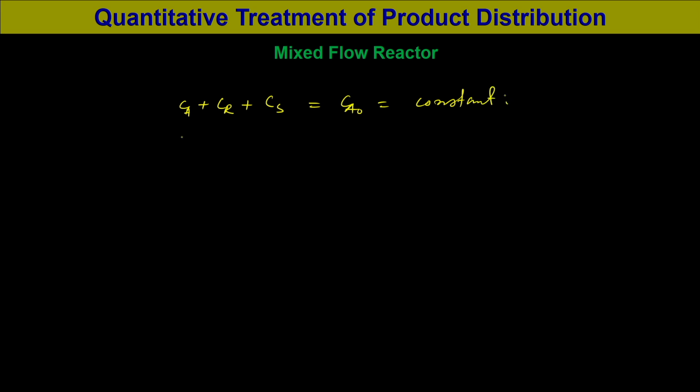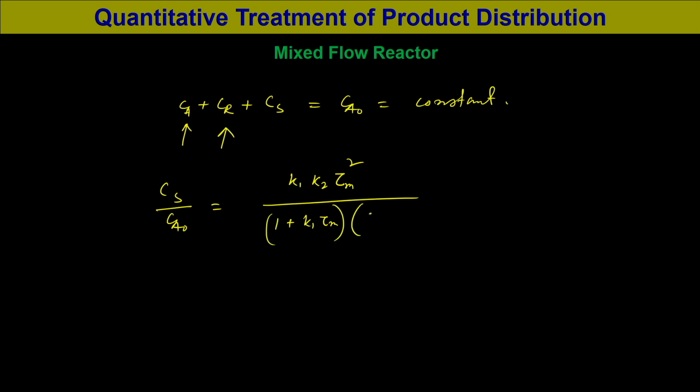So, from this if we substitute CA and CR, we can get CS by CA naught is equal to K1 K2 tau m square divided by 1 plus K1 tau m into 1 plus K2 tau m.